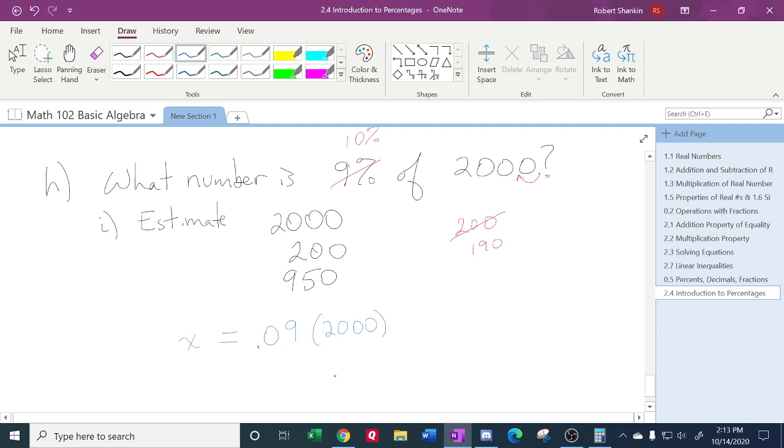I don't have to solve, I just have to pull up my calculator and multiply them together. Does that give me 180? Is anybody getting that same thing if they punch these in the calculator? I think it's going to be 180. Yeah, 180 is what I got. Okay. All right, so that's our exact solution. 180.